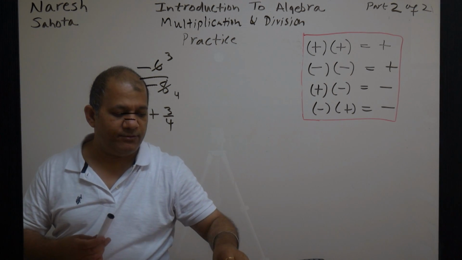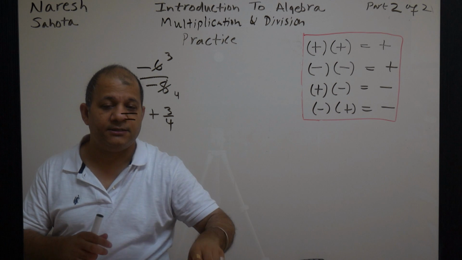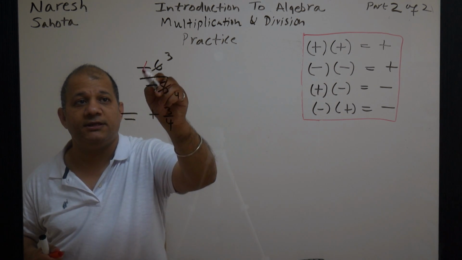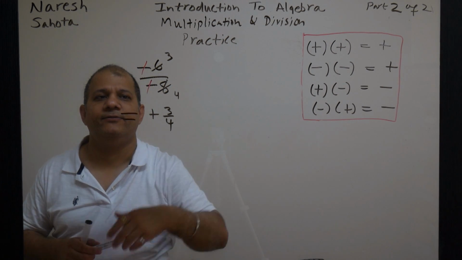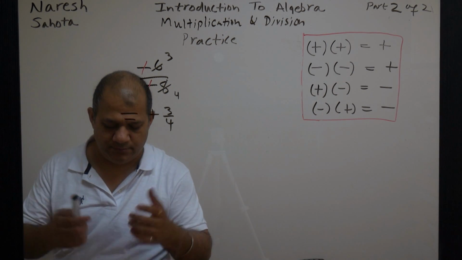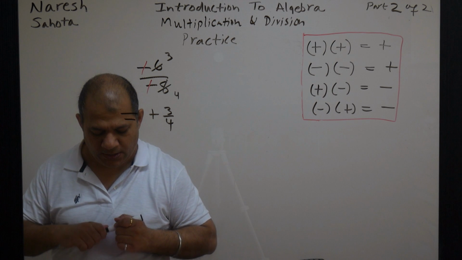So when you have negative over negative, you can actually cancel them. You don't have to think that negative divided by negative is positive. You can, but that's a shortcut.